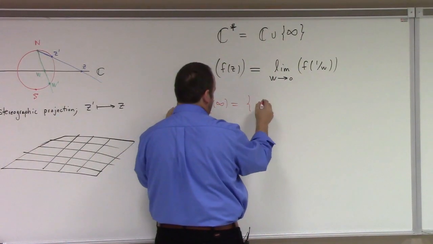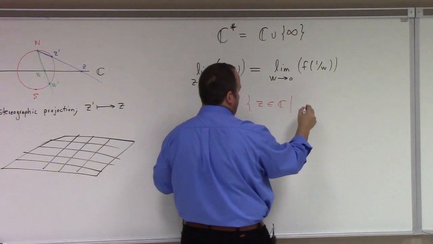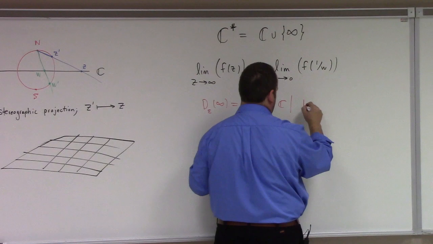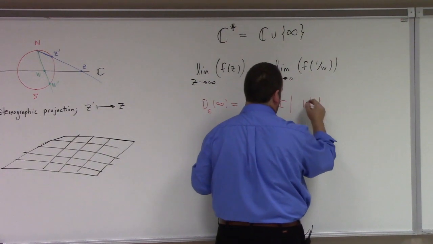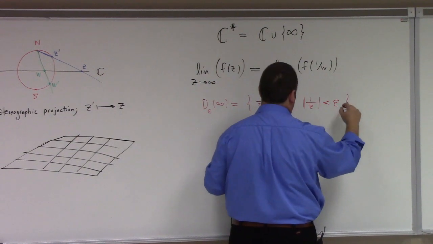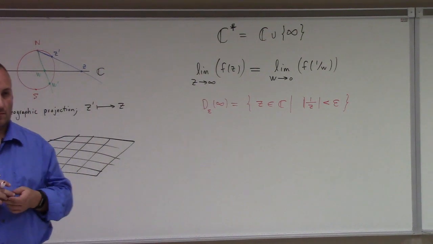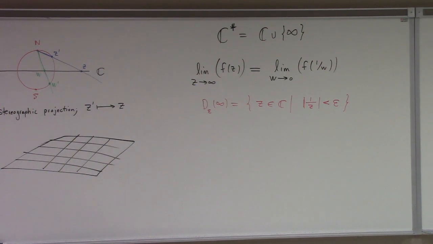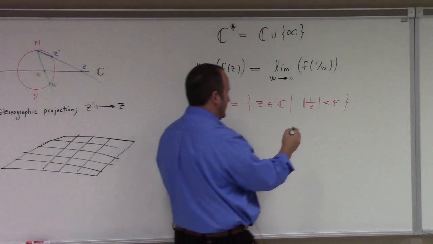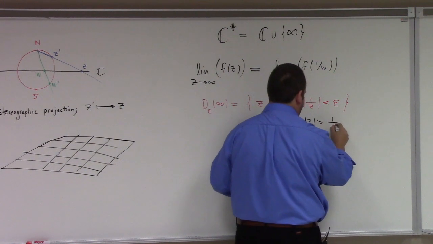It would be something like z in the complex plane such that the modulus of 1 over z is less than epsilon, I believe. Which is to say what? We could restate that. This would actually mean that the modulus of z is greater than 1 over epsilon, something like that.